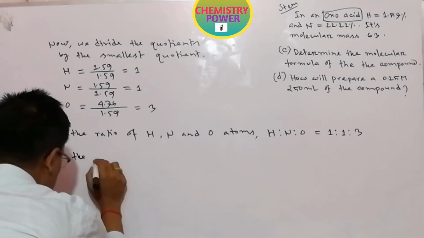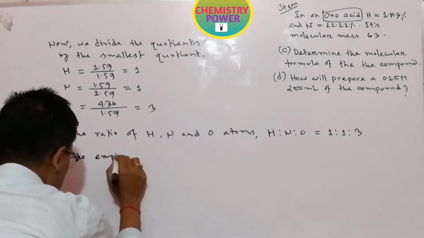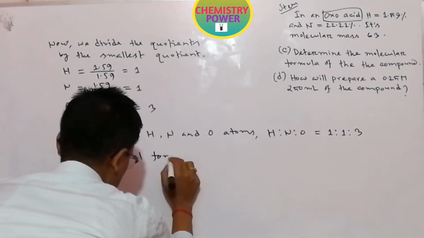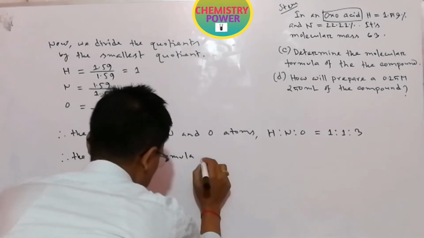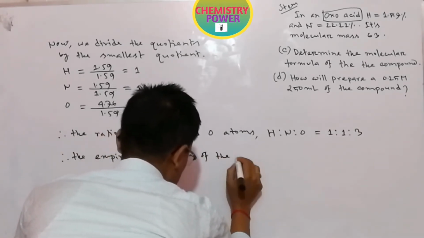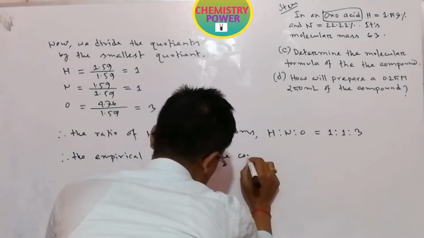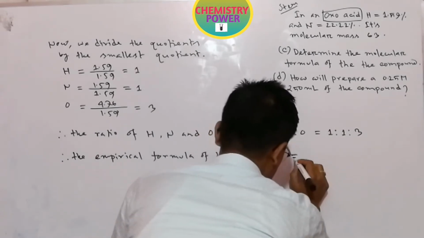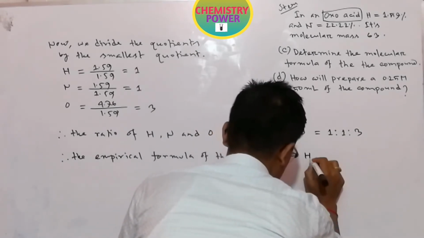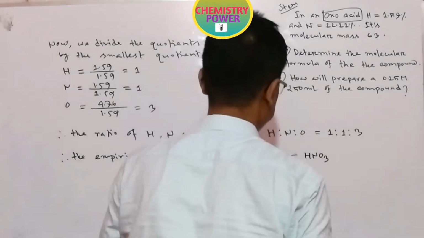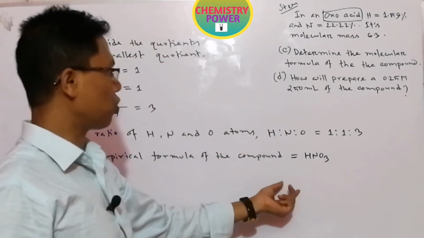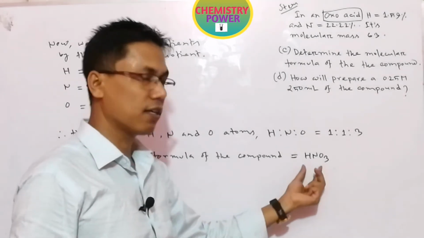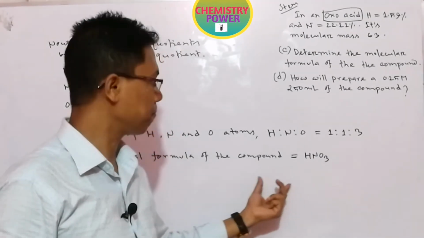Therefore, the compound will be HNO3. So this is one kind of oxo acid. That means the compound is nitric acid, HNO3.